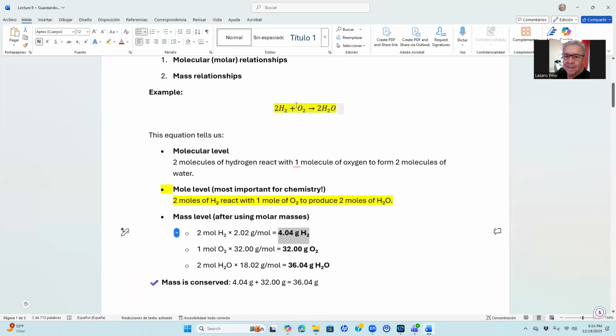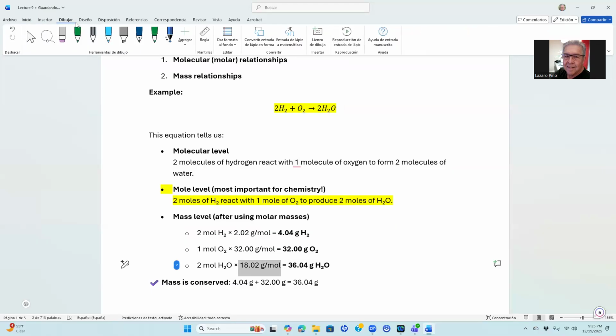If you have only 1 molecule of oxygen and you know that the molecule of oxygen is 32 because it's made of 2 oxygens, then the contribution of the mass of oxygen is 32. And if you have 2 molecules of water and every molecule of water is 18 grams, how do you get that? Well, I will show you immediately.